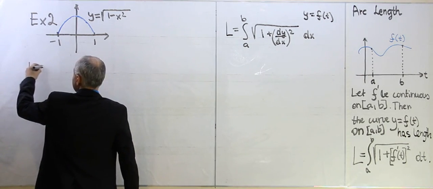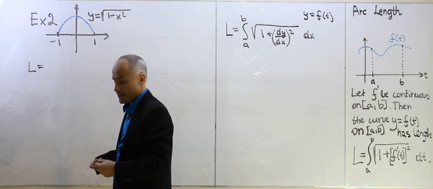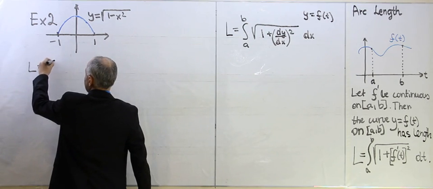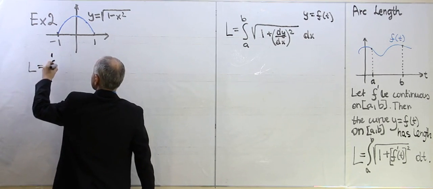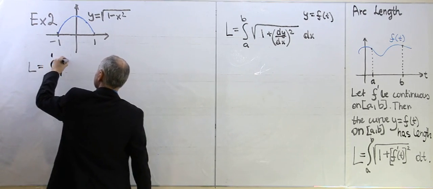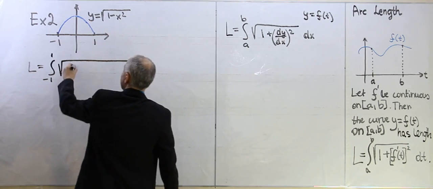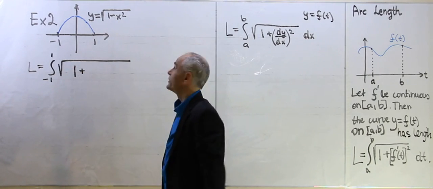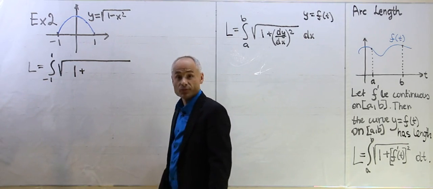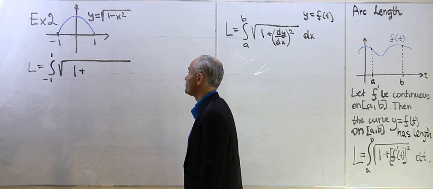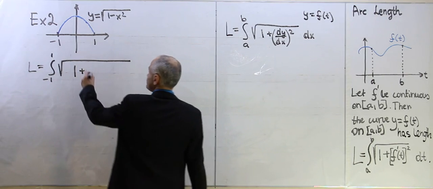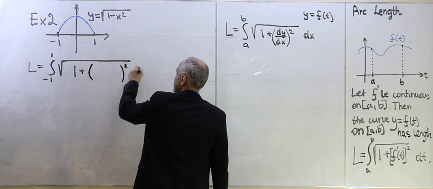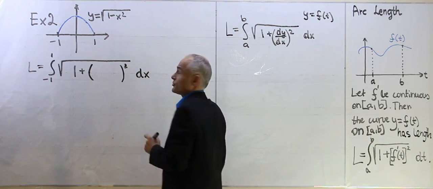So the length of the upper semicircle will be the integral from -1 to 1 of the square root of 1 plus the derivative of the function, the square root of 1 minus x squared, right? So let me calculate this derivative.